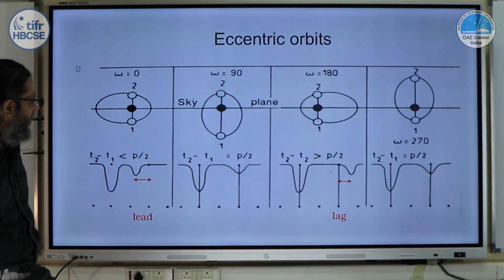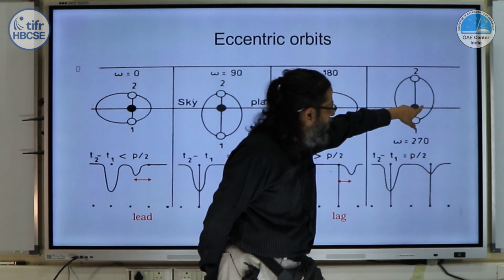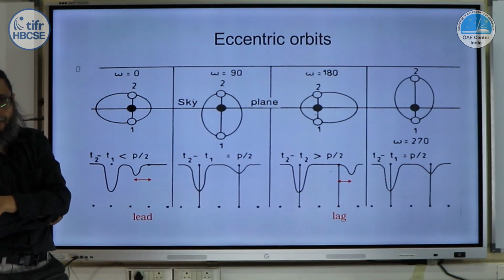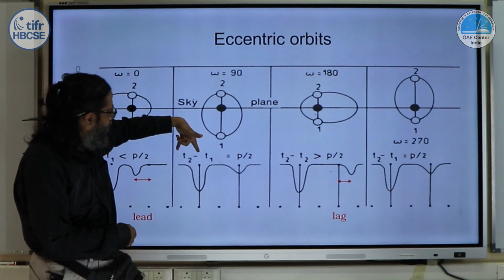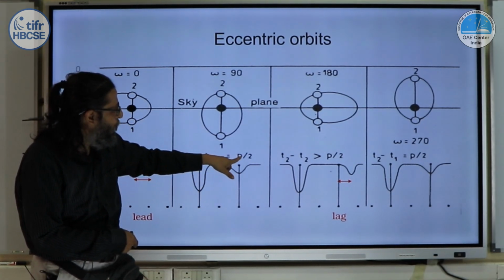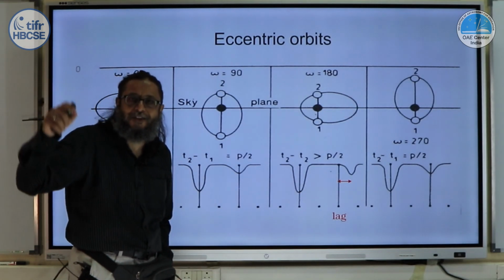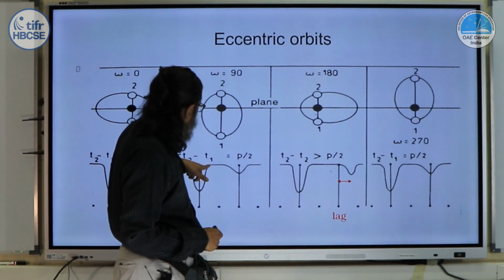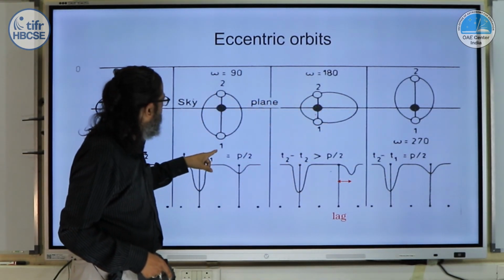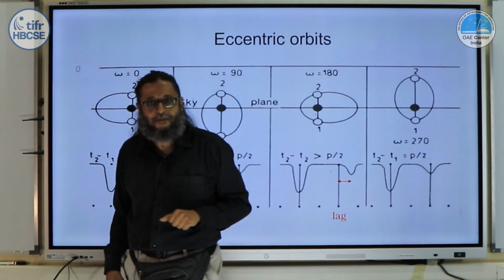Now in this situation, and this situation, what do you see? The difference between the two eclipses is equal to P by 2, where P is the total time period, when the orientation angle is 90 degrees or 270 degrees.